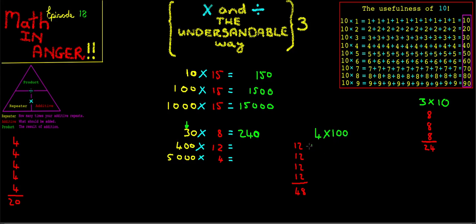So I'm going to take my additive, I'm going to add it to itself this many times. I'm going to get that answer, and then I'm just going to add those 2 zeros. So that becomes 4,800. Do you see that I'm still just adding stuff?